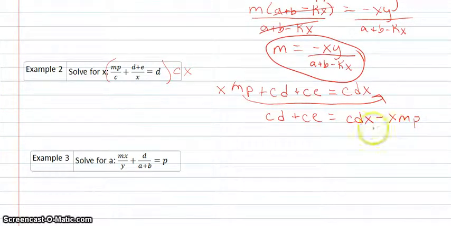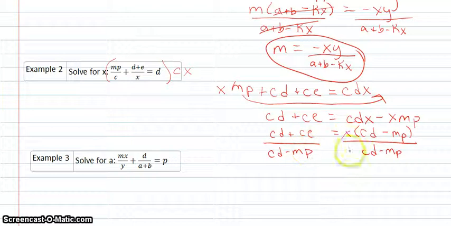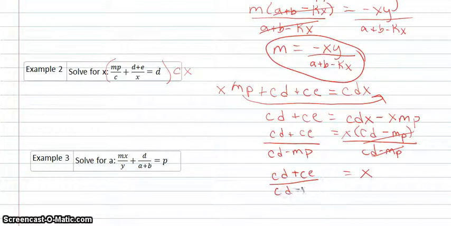Now I'll factor the x out, so x times cd minus np will equal cd plus ce, and I'll divide by the cd minus np. And those will cancel. So x equals cd plus ce over cd minus np, and that'll be our answer.